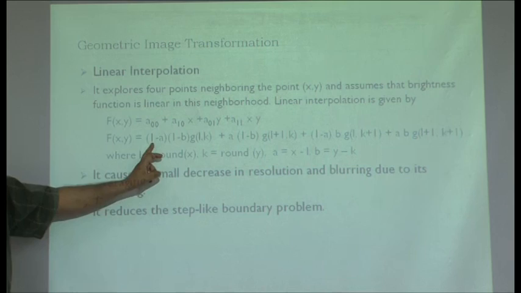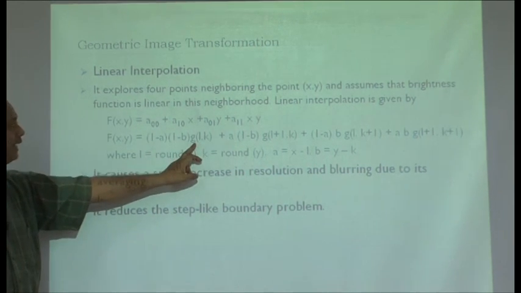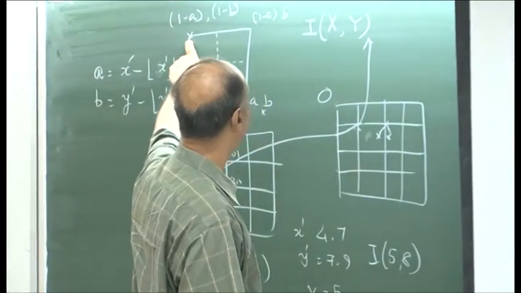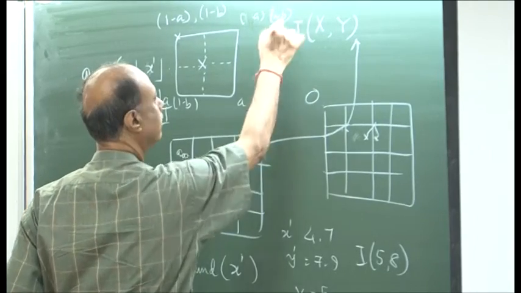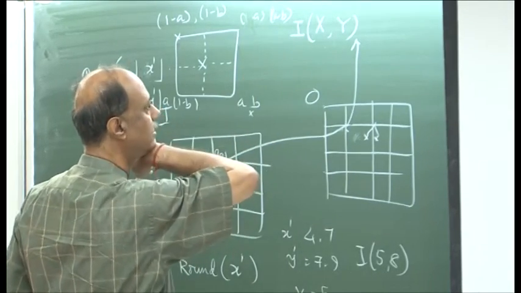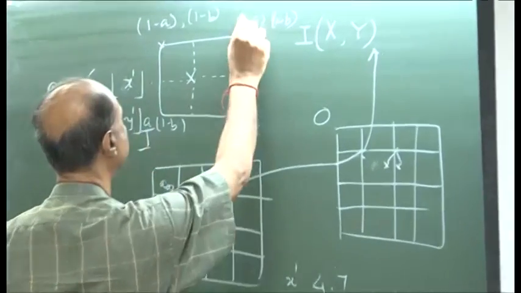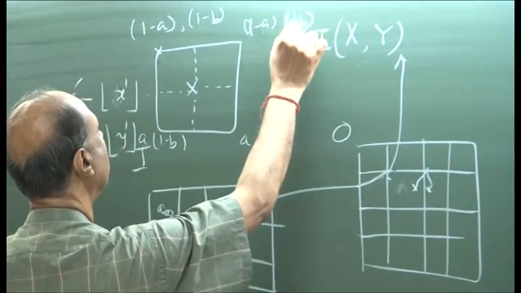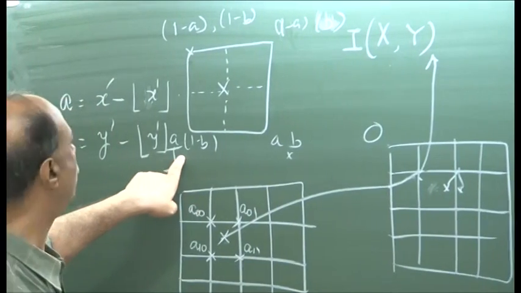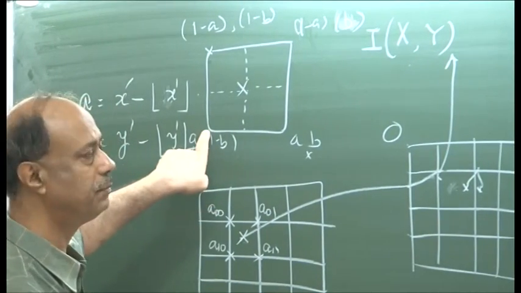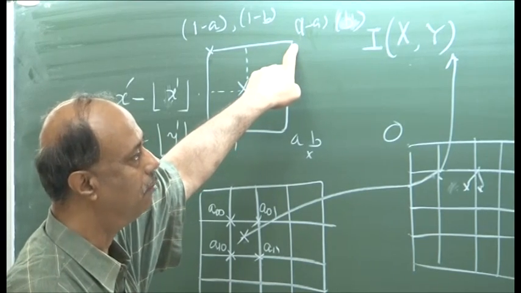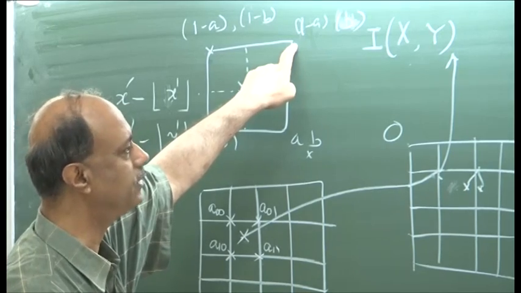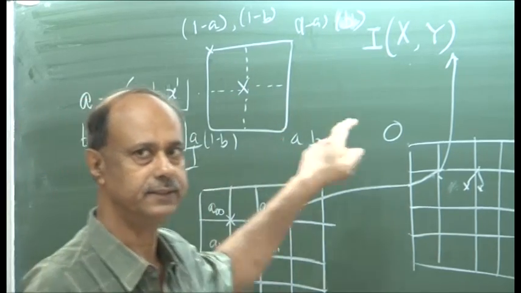So this is 1 minus A, 1 minus B, times the intensity value of this one, plus A into 1 minus B times the intensity value of this, plus this into the intensity value of this, and the same way for the others.